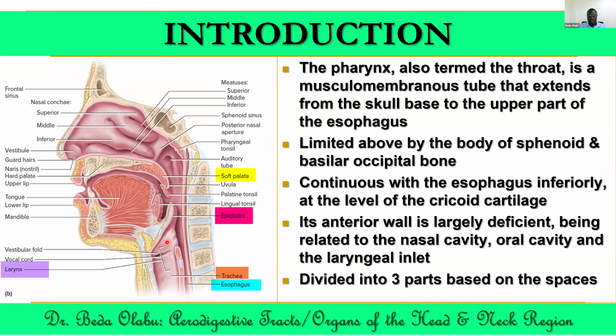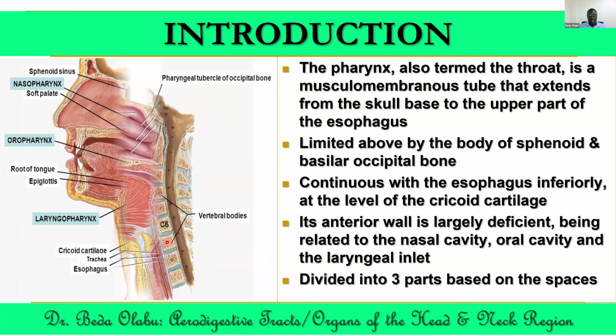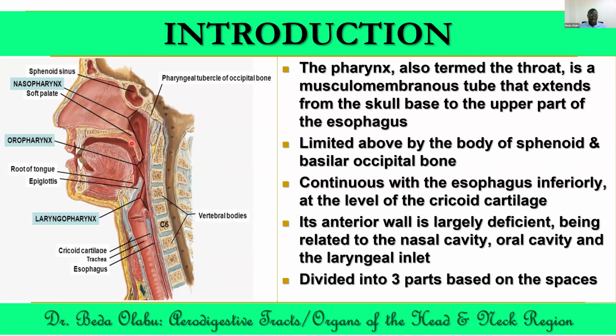Based on those three spaces, nasal cavity, oral cavity, and laryngeal inlet, the pharynx is divided into three zones anatomically. Those three zones are these ones. So we have here the nasopharynx, and here the oropharynx, and here the laryngopharynx.